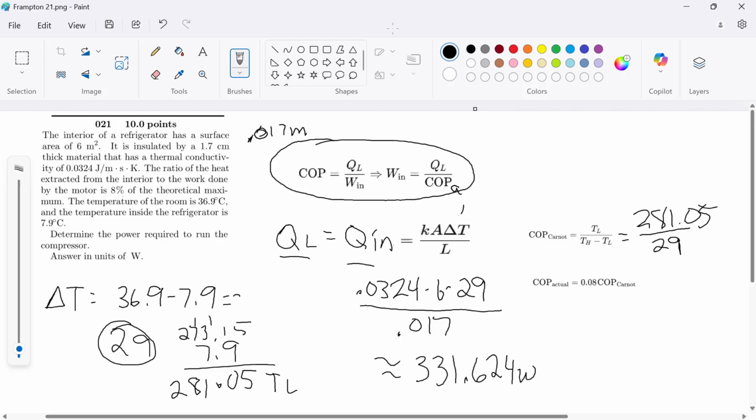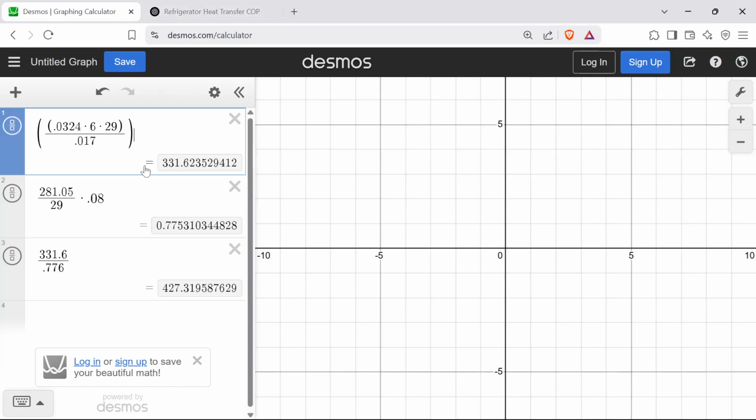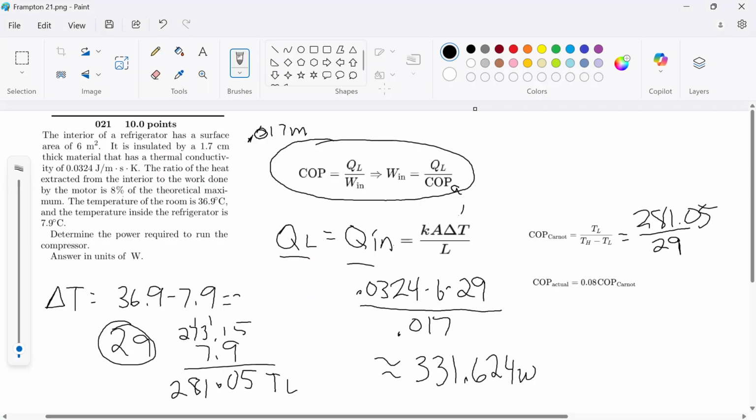So 281.05 divided by 29 comes out to approximately 9.69. And then I have to multiply that by 0.08 to get the actual coefficient of performance.